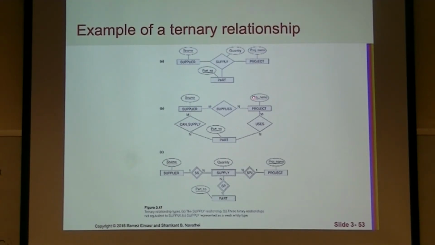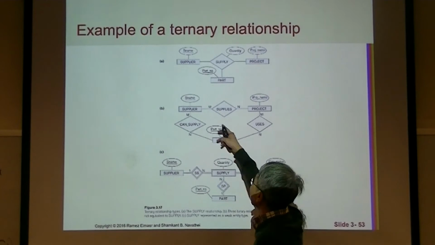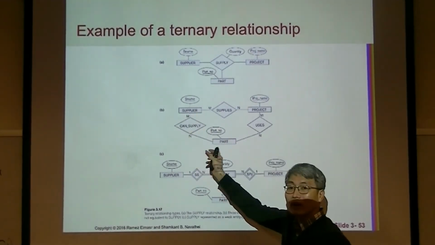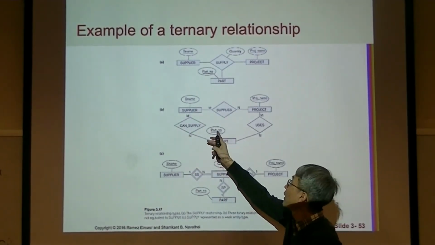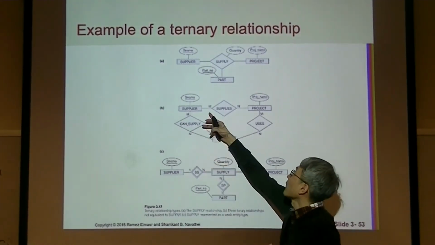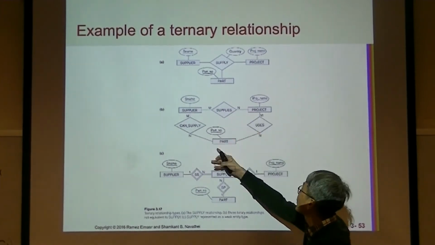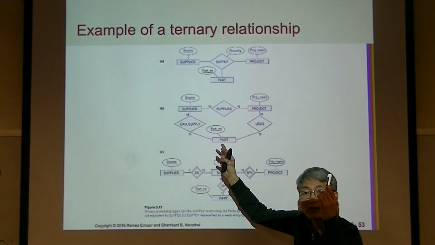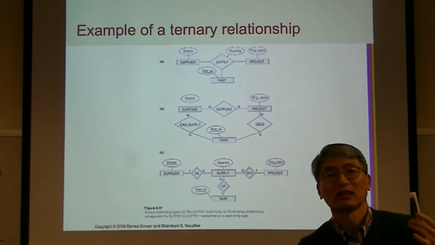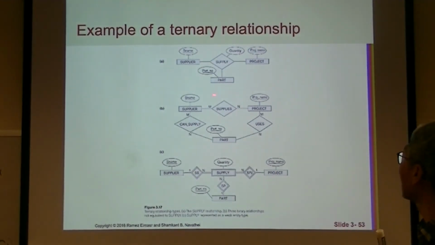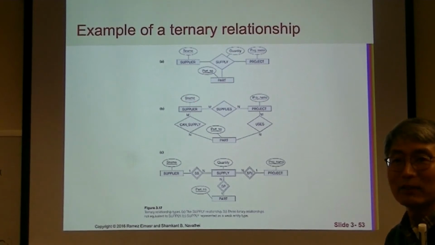So a lot of the time, if you have such a ternary relationship, they change it into 3 binary relationships, which means I supply the item. Okay? I supply the item. That makes sense? And as a contractor, I'm the contractor of the university project. Also, this project used this item. So you can change the ternary relationship into 3 binary relationships.